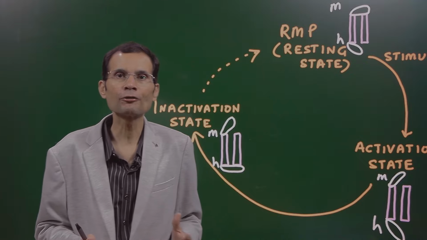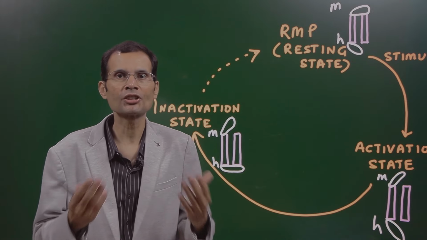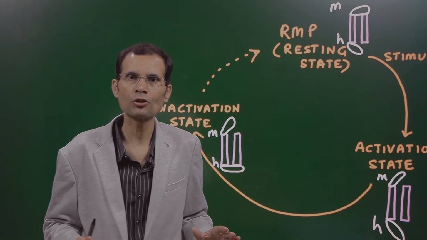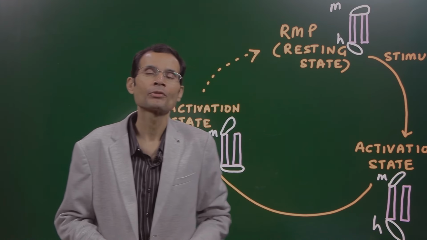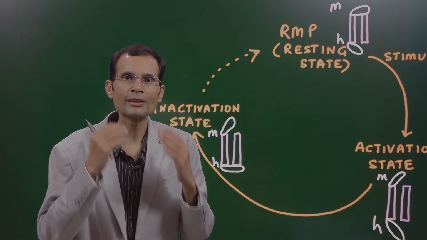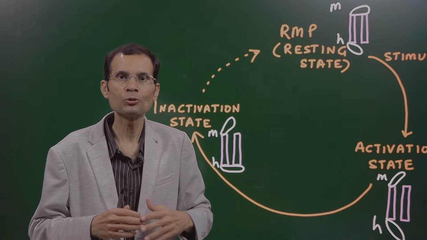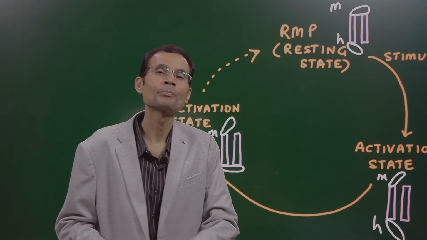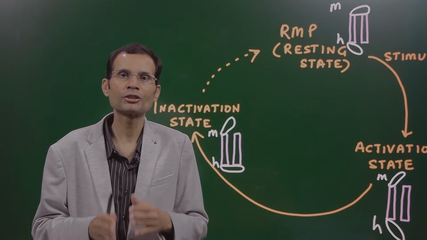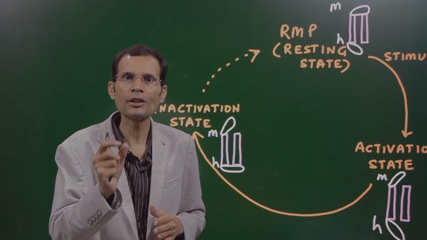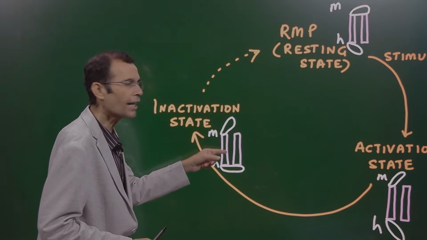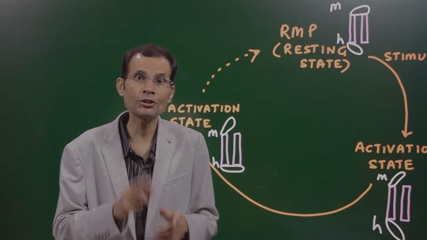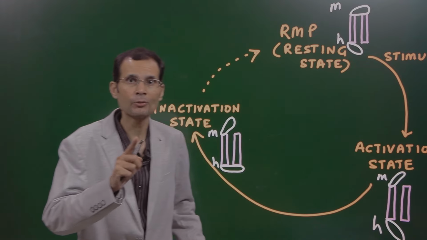And in this state, of course, impulse generation is not possible, depolarization is not possible. The sodium channel has to go back to its original resting state, which is not happening as long as lignocaine is present and acting on the channel. And that's the answer to this question. So what you should remember is that lignocaine preferably binds to the inactivation state of the sodium channel, which comes after the activation state, by the way.